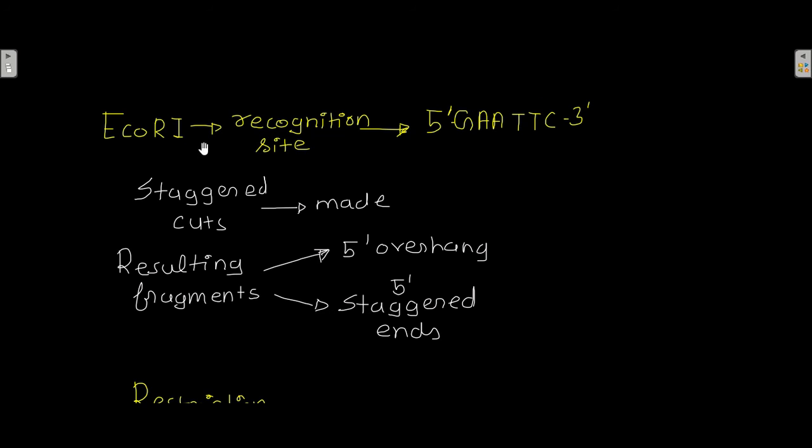Its restriction site is GAATTC. When this restriction enzyme works and the staggered cuts have been made, the resulting fragments have 5' overhangs or 5' staggered ends. We will see how it looks.